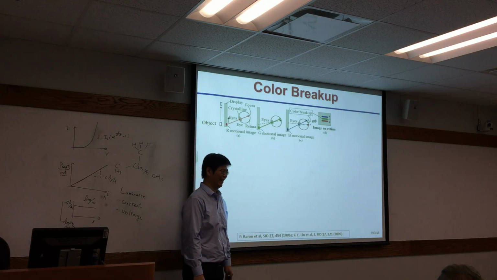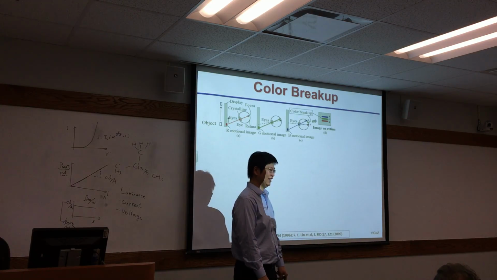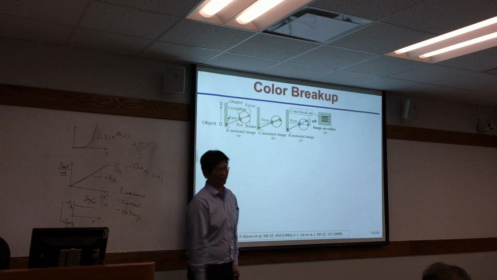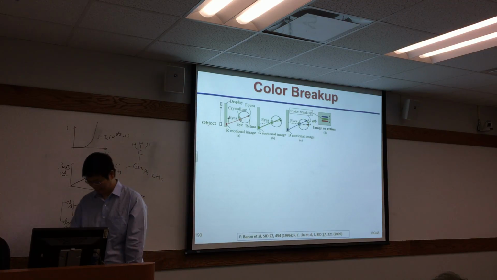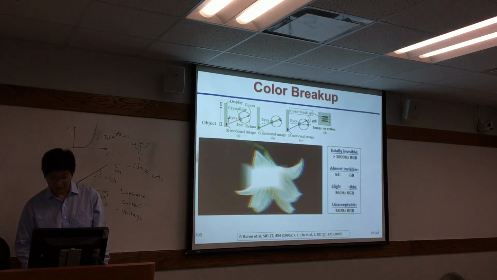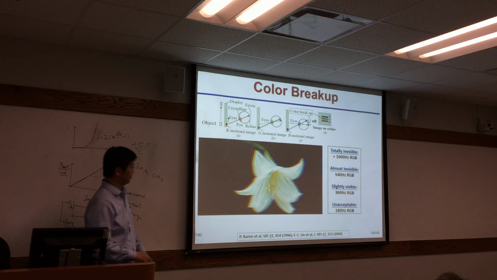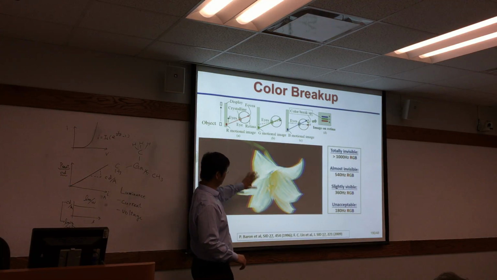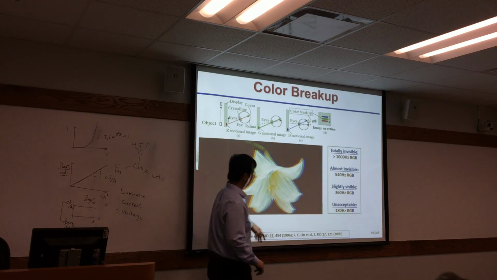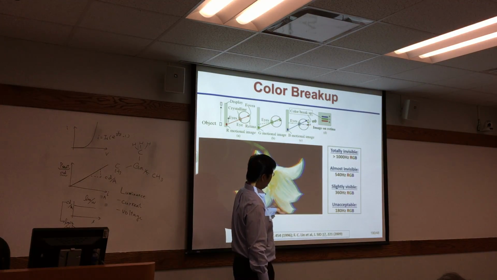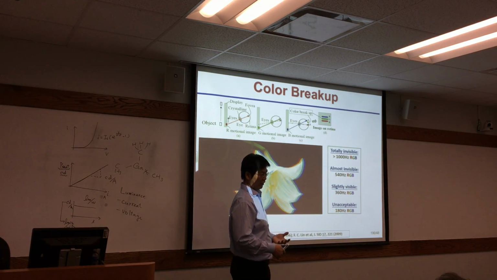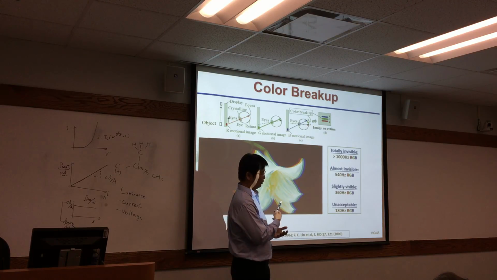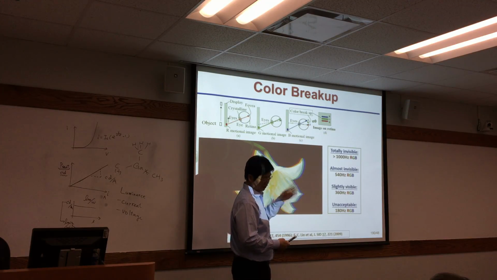And if it's faster, then it will be less obvious? Yes. Right, yeah. So you will see the boundary of something that is moving. For example, in our typical display, we have 60 hertz, which means in 1 second there are 60 frames.